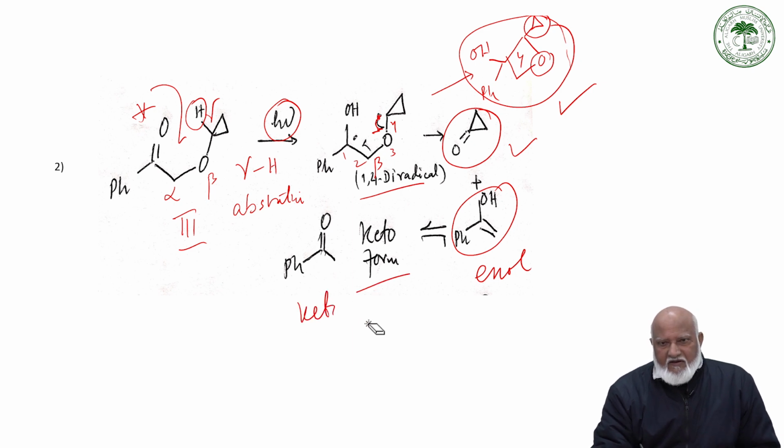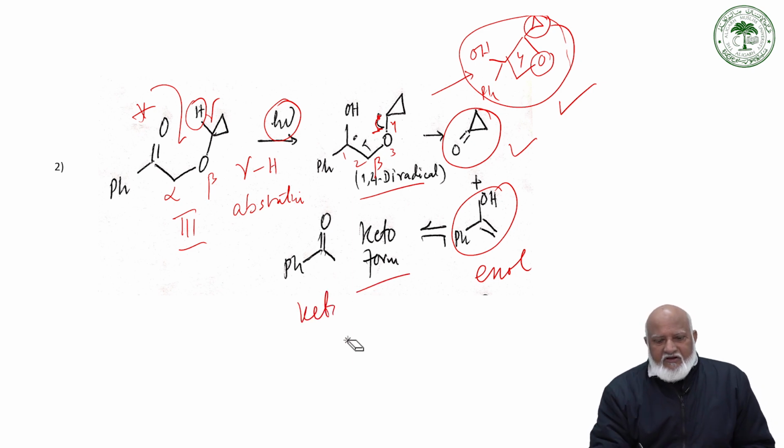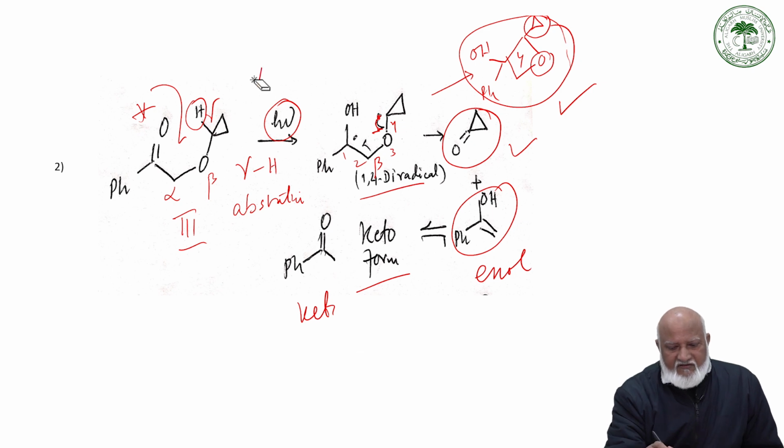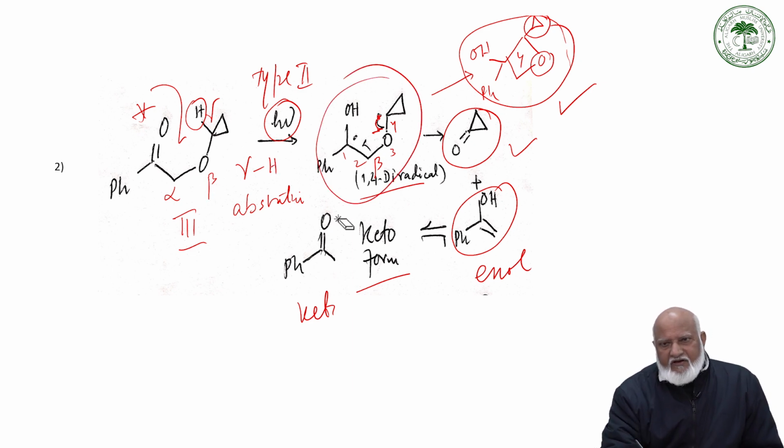But the main reaction is the type 2 reaction, in the presence of light, where the excited carbonyl abstracts gamma hydrogen to give a 1,4 diradical. This 1,4 diradical is open for radical coupling or fragmentation.